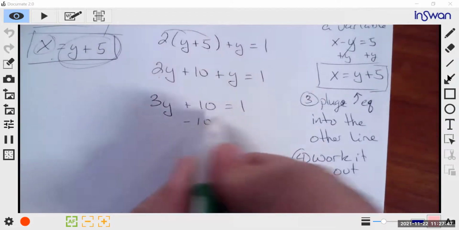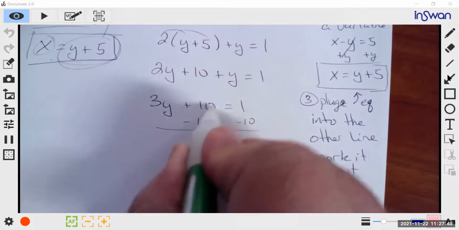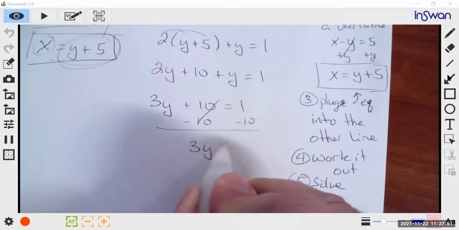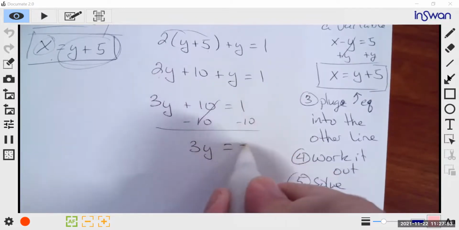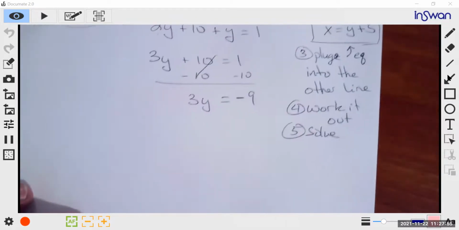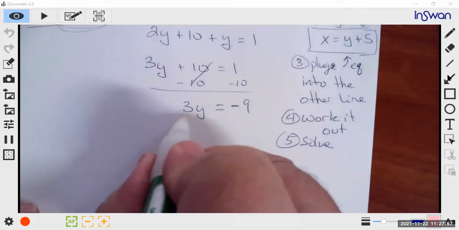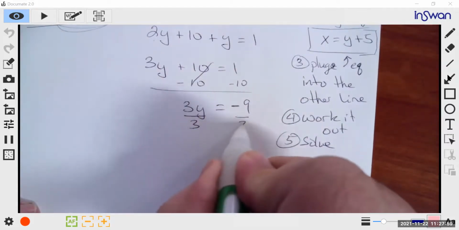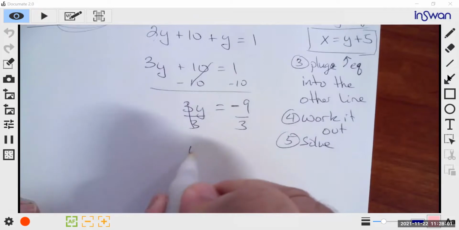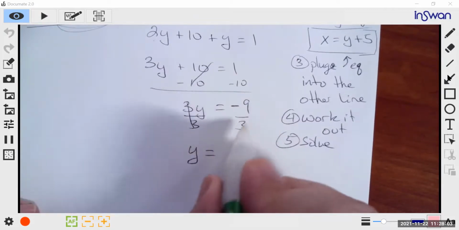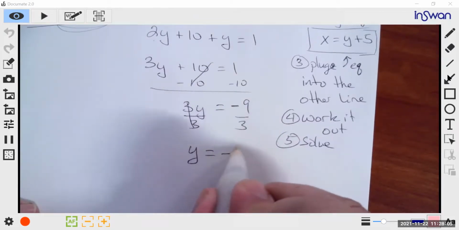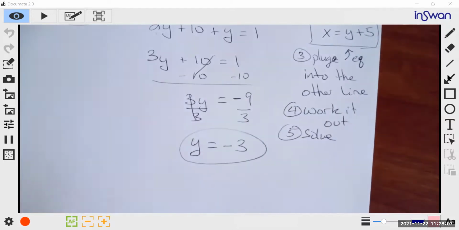Get rid of the 10. 1 minus 10 is negative 9. Divide by 3. Negative 9 divided by 3 is negative 3. So that's the y value.